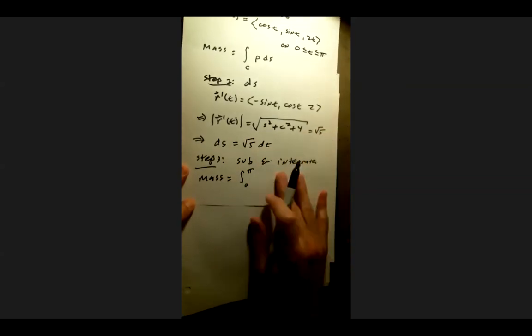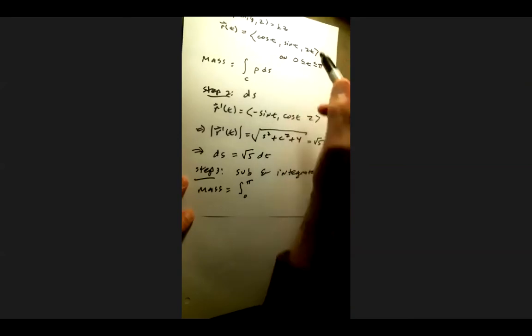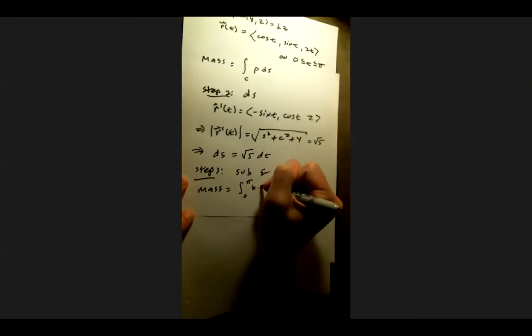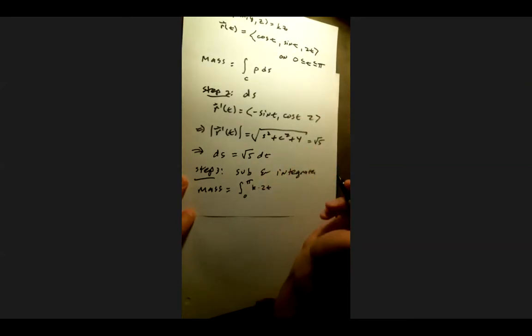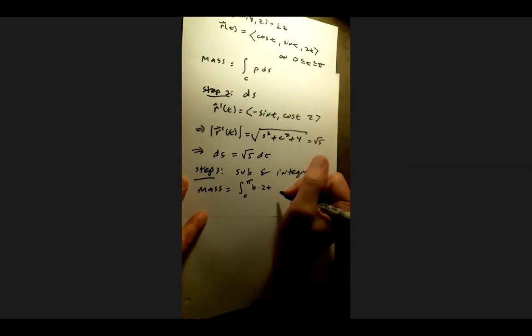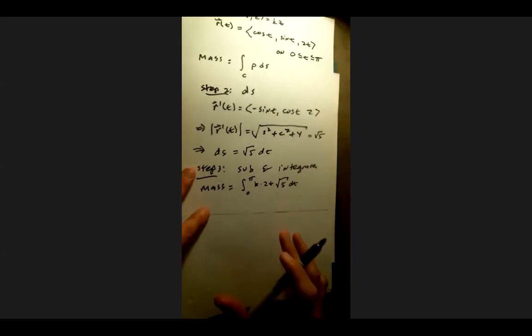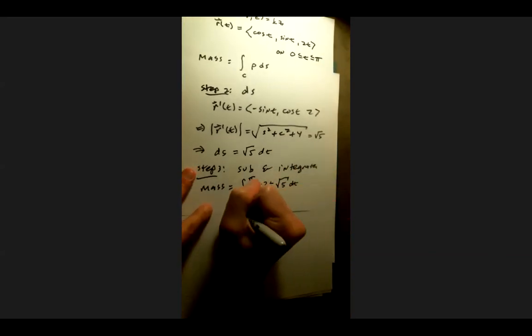The density function was kz, so we'll have k times z, which is 2t, times ds, which is square root of 5 dt. And good news, a whole bunch of constants here.